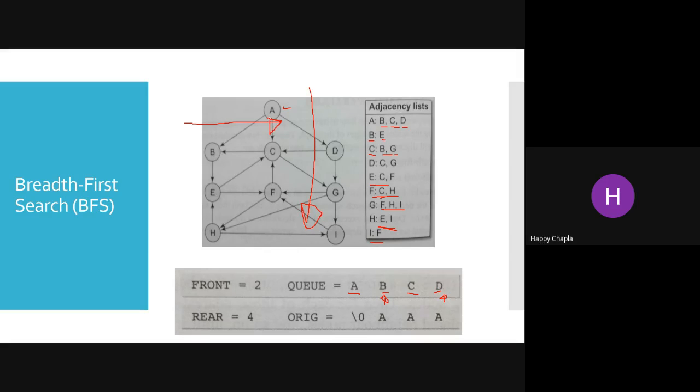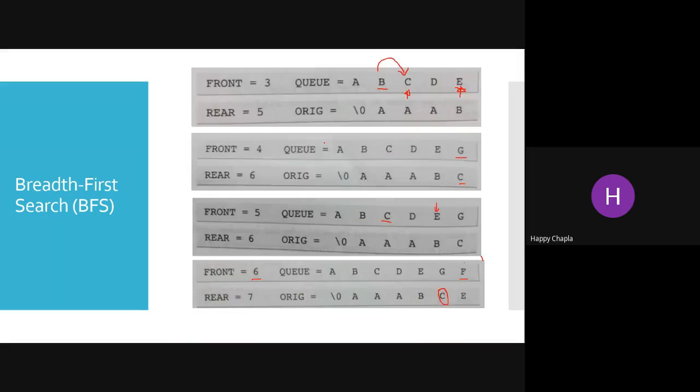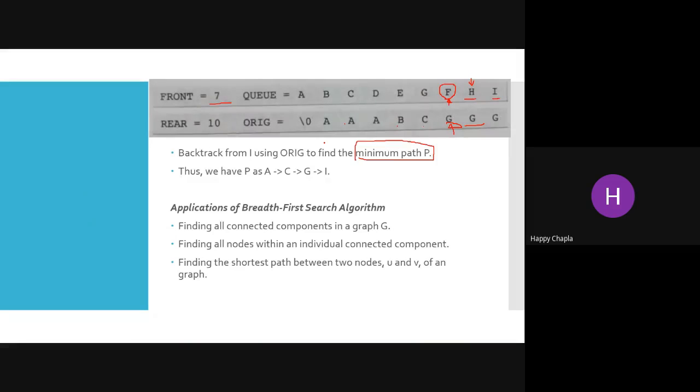That means we are doing breadth first search, not depth first search. We are trying to find the breadth of my graph. That is the main aim behind this.